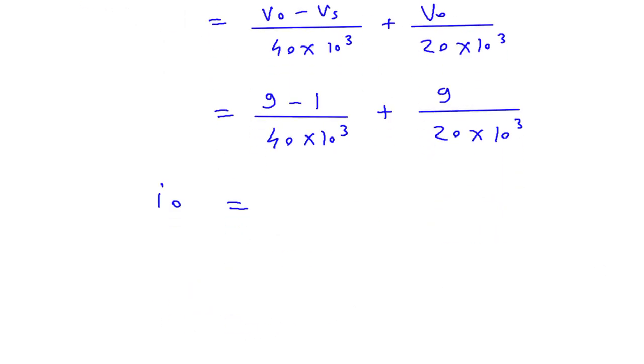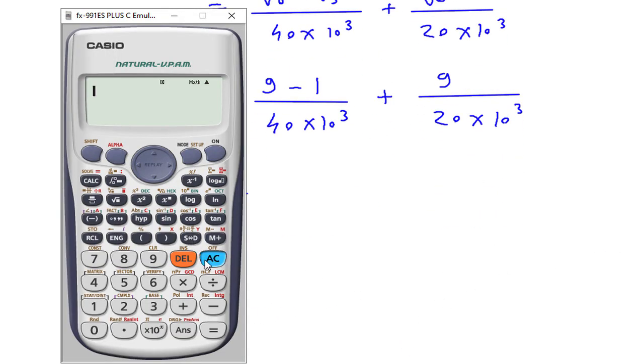IO is equal to 9 minus 1 divided by 40 into 10 to the power 3, then plus 9 divided by 20 into 10 to the power 3.